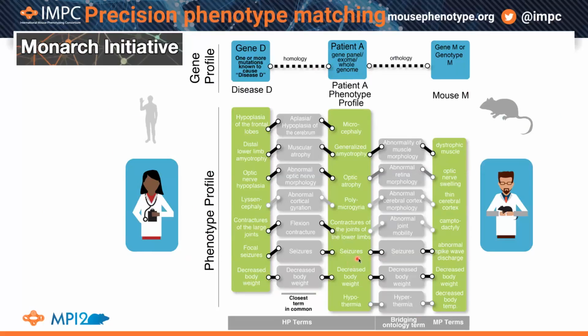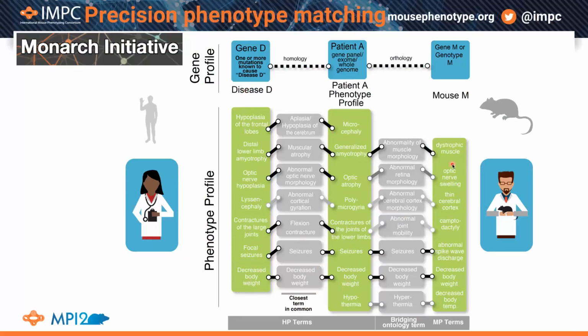So if you have a human disease population that has these clinical observed phenotypes, these ontologies can be used to look at similar clinical terms with another patient profile, but also with orthologous phenotypes observed in model organisms.